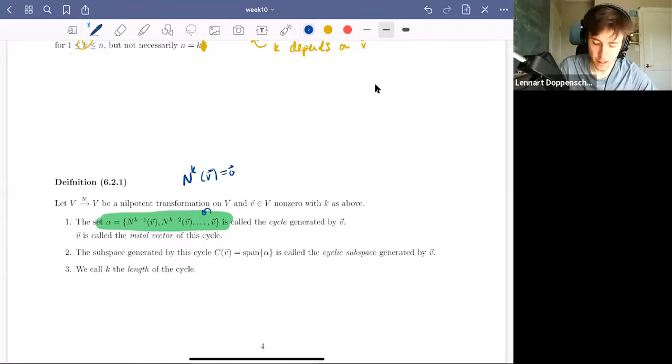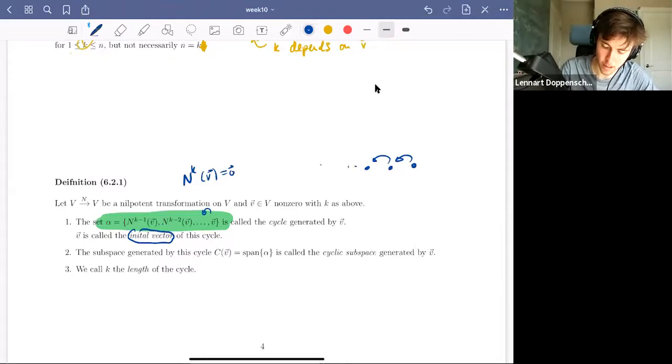And we call v the initial vector of the cycle because it's the rightmost. So we kind of think of this as a chain of elements that get sent to each other by n, and we start from the rightmost.